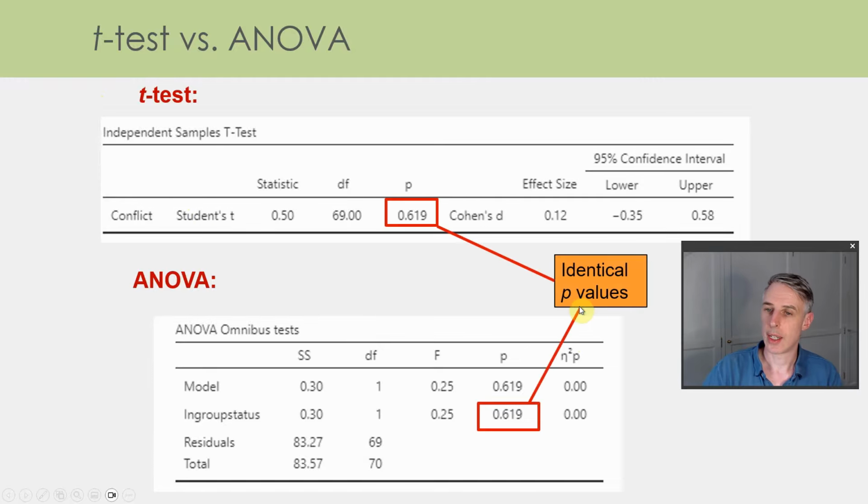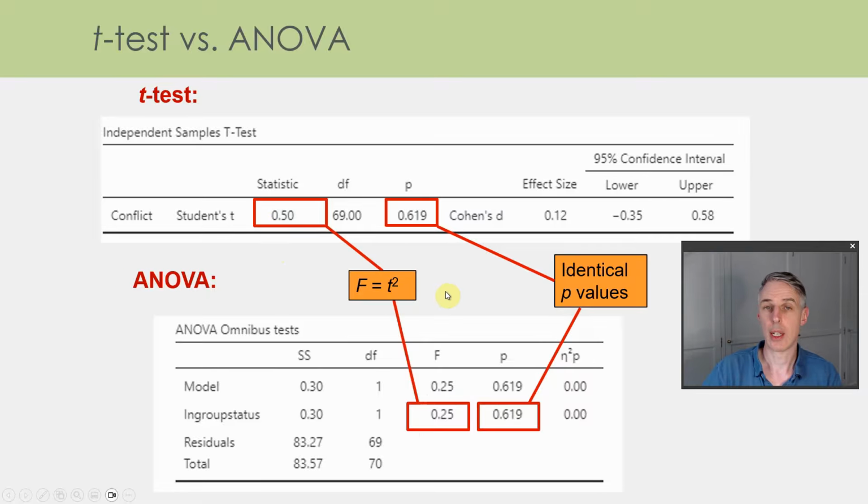One first thing to highlight is that the p-value for the test is identical, and the F ratio you get in the ANOVA is simply the t-statistic squared. Okay, these analyses are functionally equivalent. They are just different variations on the general linear modeling approach. So they're fundamentally the same thing. They're going to give you exactly the same answer in functional terms.